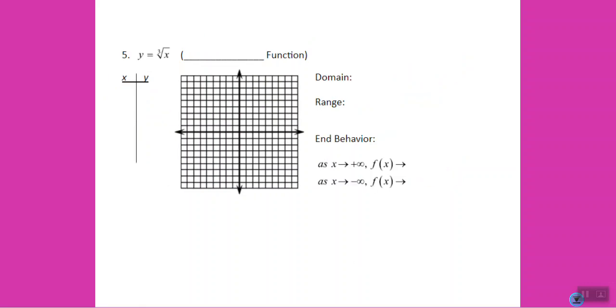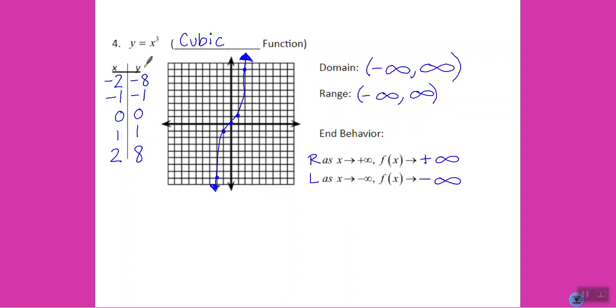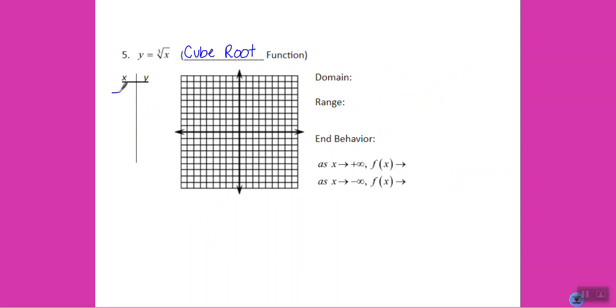Our final function is the cube root function. Similar to how we use perfect squares for square root, we want to use perfect cubes for cube roots. And conveniently, we just calculated some perfect cubes on the last function. These right here, the y values from our cubic function, are all perfect cubes. So I'm going to use those as my x values: -8, -1, 0, 1, and 8.